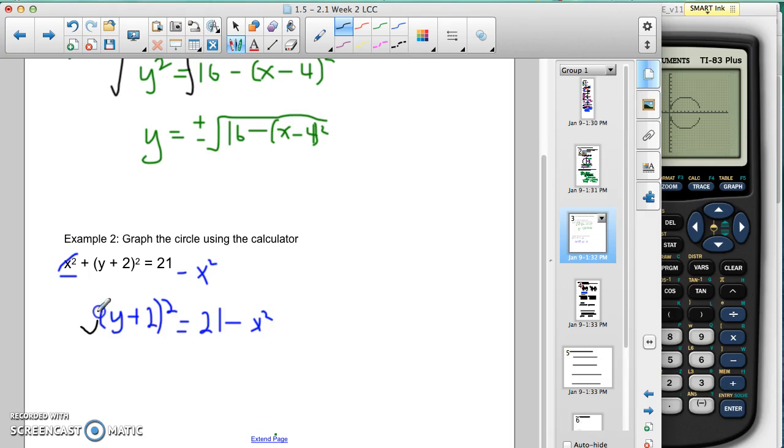So I'm going to use a square root to get rid of that square, so I'm going to put that here as well. Remember, there's a plus or minus here. Okay, so that's going to eliminate the square here, and we're just going to have y plus 2. And it's going to equal plus or minus the square root of 21 minus x squared.